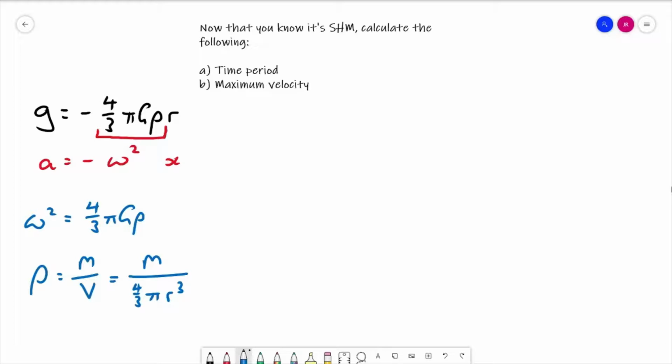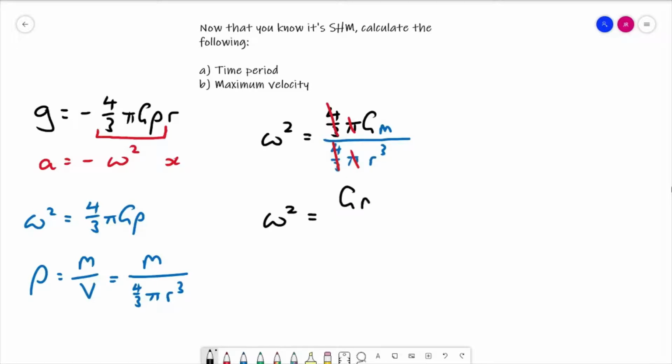So when we plug that one back into the omega squared equation, we have omega squared is equal to 4/3 pi G, that's the original bit, and then the substitution is M over 4/3 pi r cubed. Now the reason for doing that is you can see that the 4/3 pi on the top and bottom cancel each other out, and what we're left with is that omega squared is G times M over r cubed.